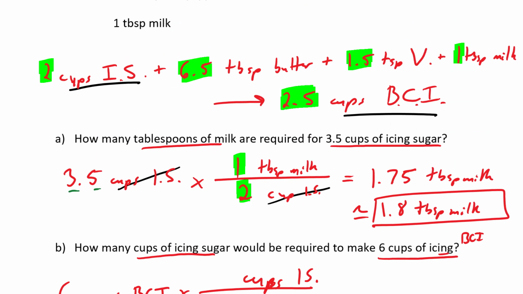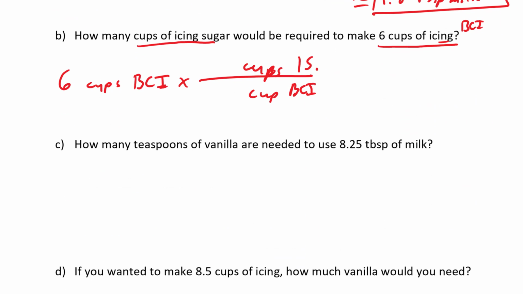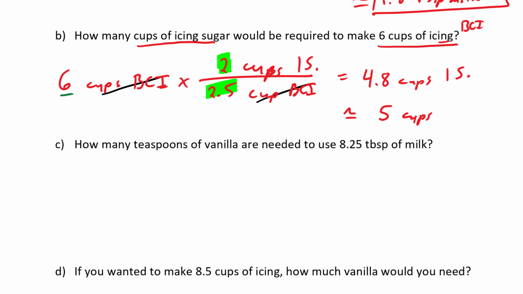Go to our recipe, 2 cups of icing sugar, 2.5 cups of buttercream icing. 2.5. Units, cancel out. 6 times 2 divided by 2.5. 4.8 cups of icing sugar. Significant digits now. I said these were exact, so I'm going to round this off to 5 cups of icing sugar.